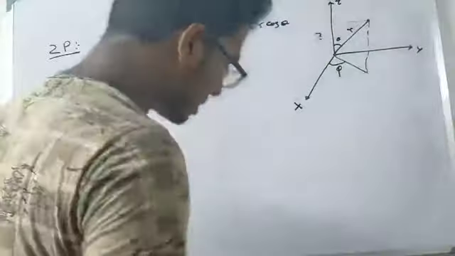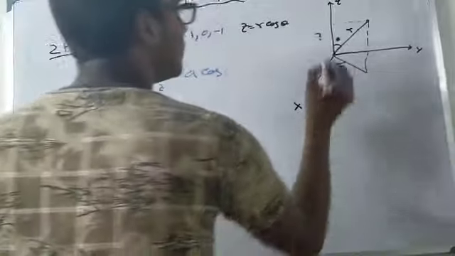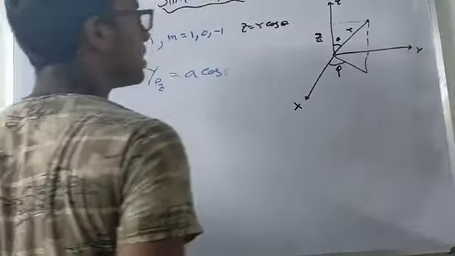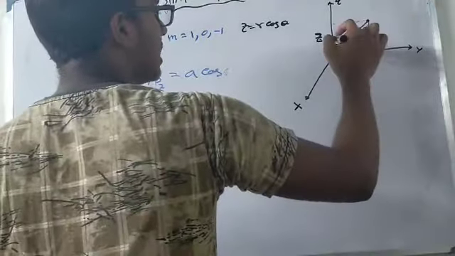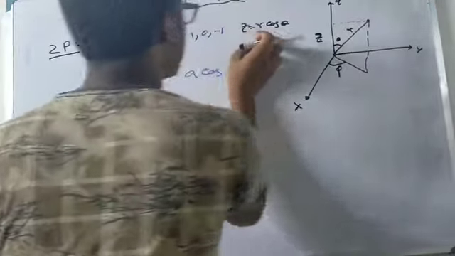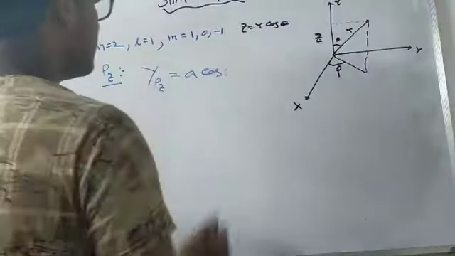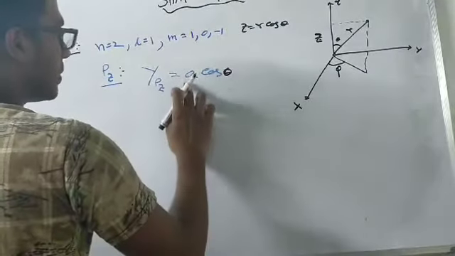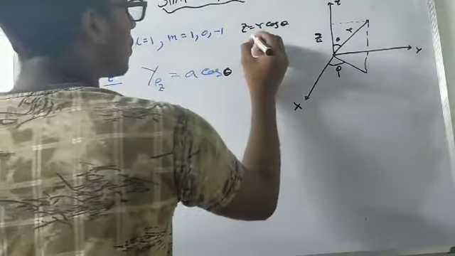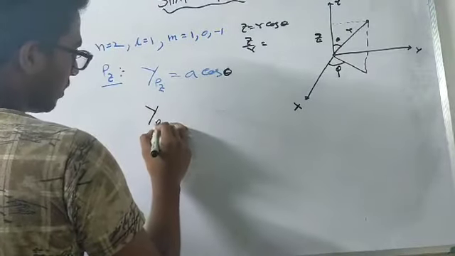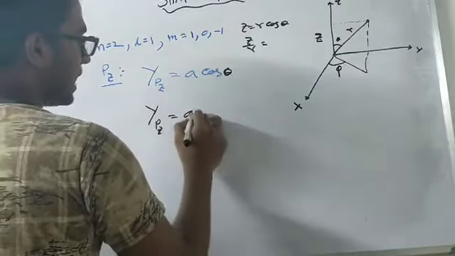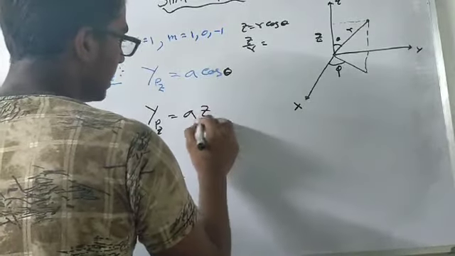The distance from the nucleus to the electron is r, and this angle is theta, so z equals r cos theta. Here the term cos theta is present, so cos theta equals z by r, so I can write the wave function of pz equals A z by r.